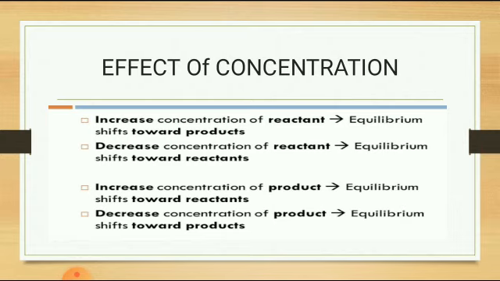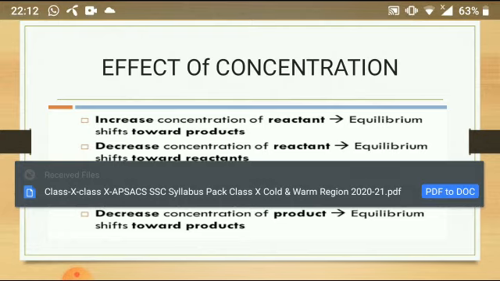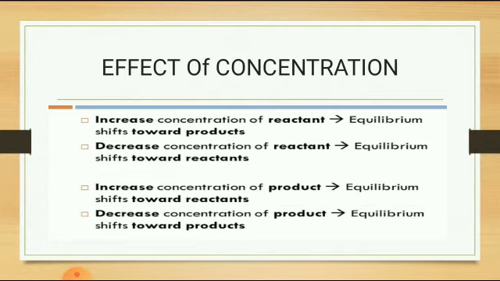Next, increase concentration of products: equilibrium shifts toward reactants, means backward or reverse reaction. Or decrease concentration of product: equilibrium shifts toward products, means left to right, more product formed.